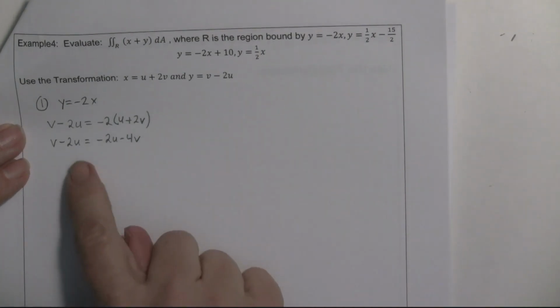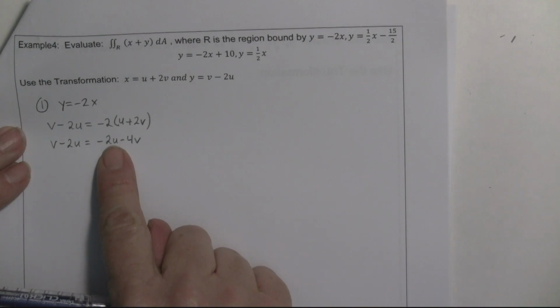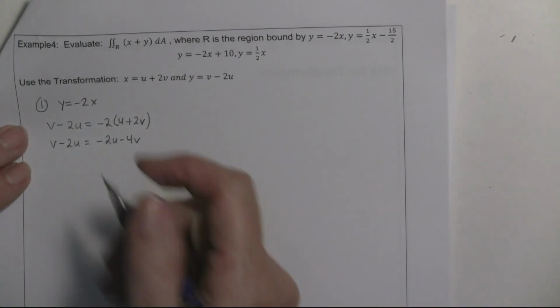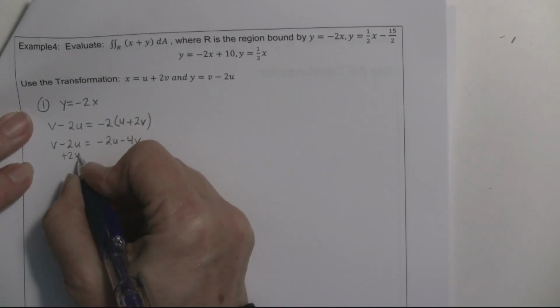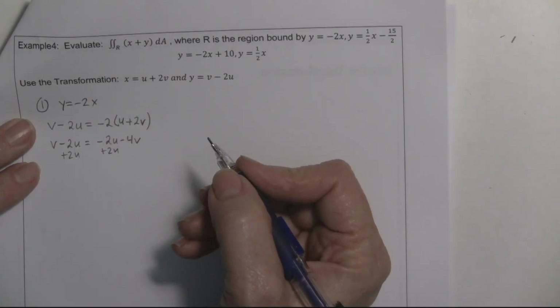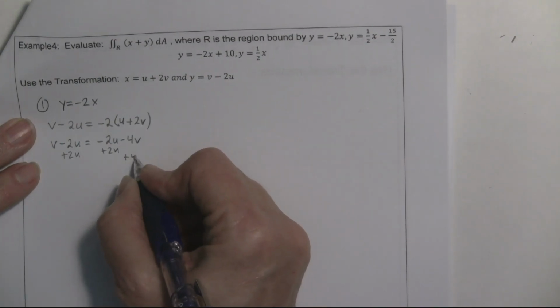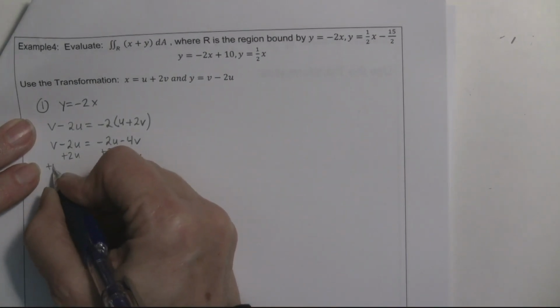I hope that you notice that negative 2u on this side and negative 2u on this side. So if I add 2u to both sides, and if I also get the v's on one side, because I want to solve for v here to make it look a little bit nicer, I'm going to add 4v to both sides.